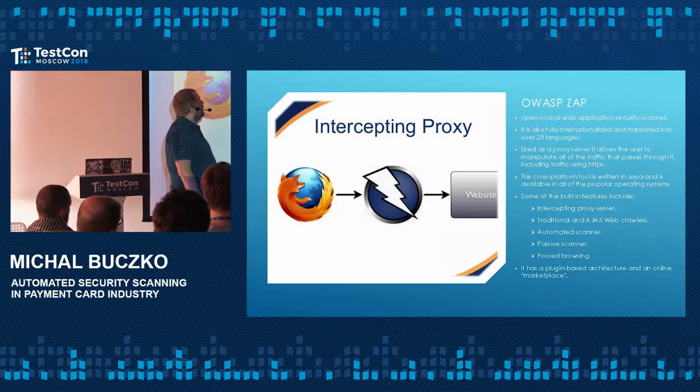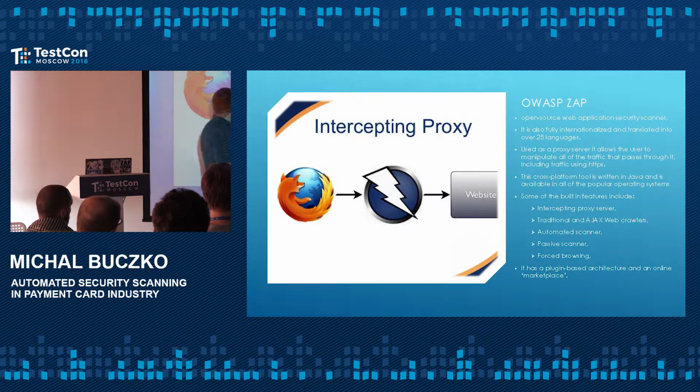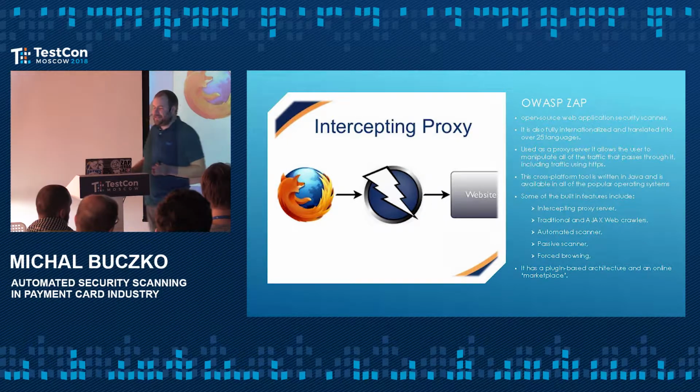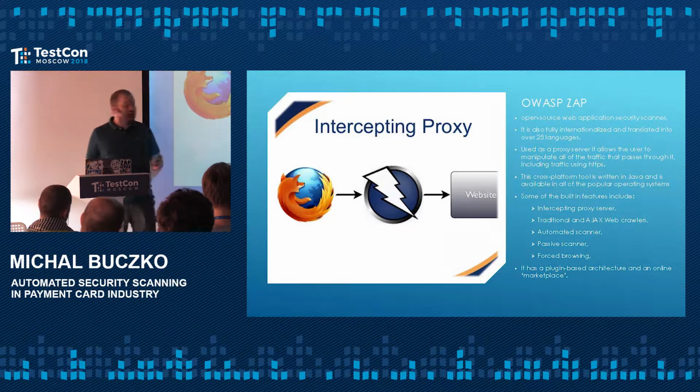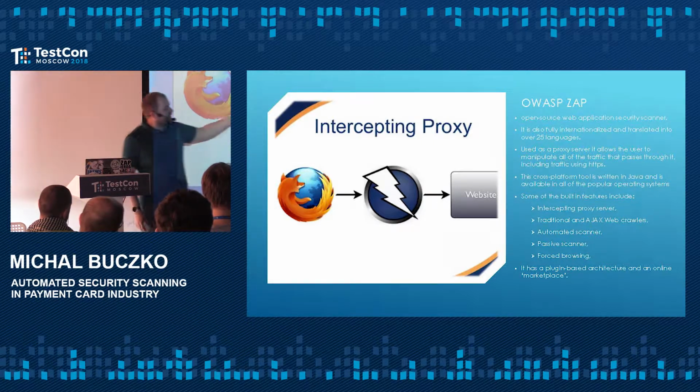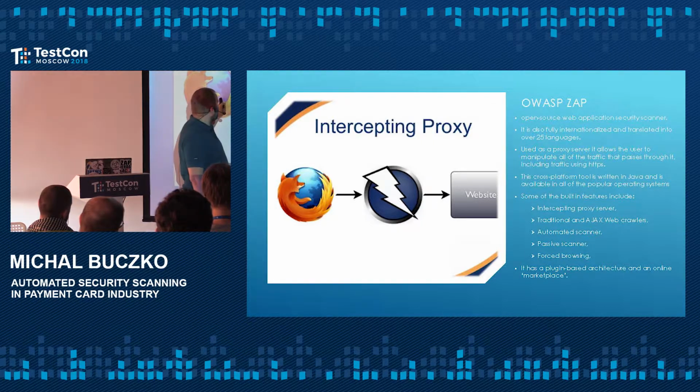The proxy of OWASP ZAP is something that goes between the website, which is hosted on your infrastructure, and your application. So you run a ZAP instance on your machine. You set up your browser to use it as a proxy. So every request that the browser makes goes through ZAP and again goes to the server. And every response is also going through ZAP and goes back to the browser.